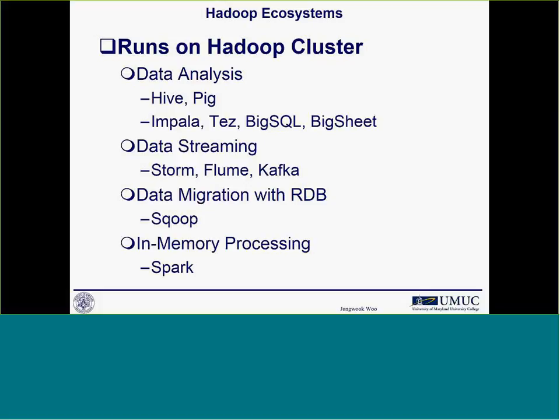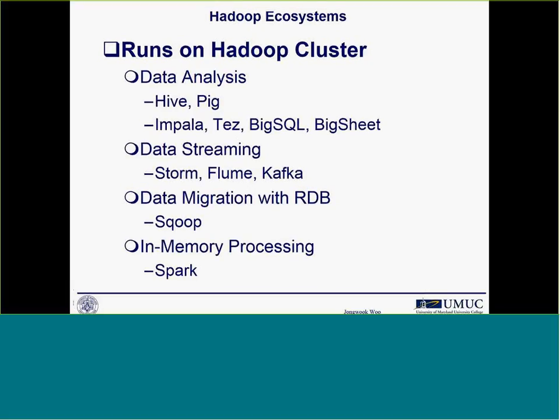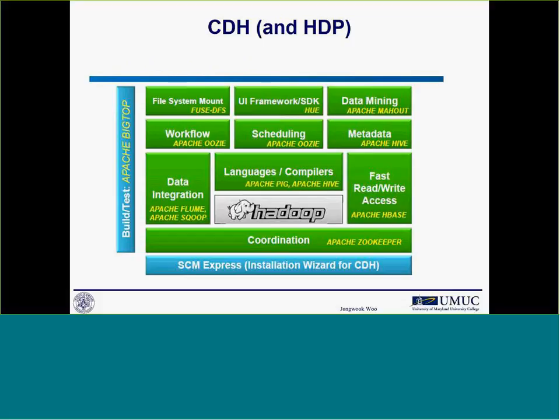Also for in-memory processing, these days Spark has been integrated into Hadoop clusters, and it is replacing MapReduce. So this is the diagram that shows the core of Hadoop and its ecosystem.